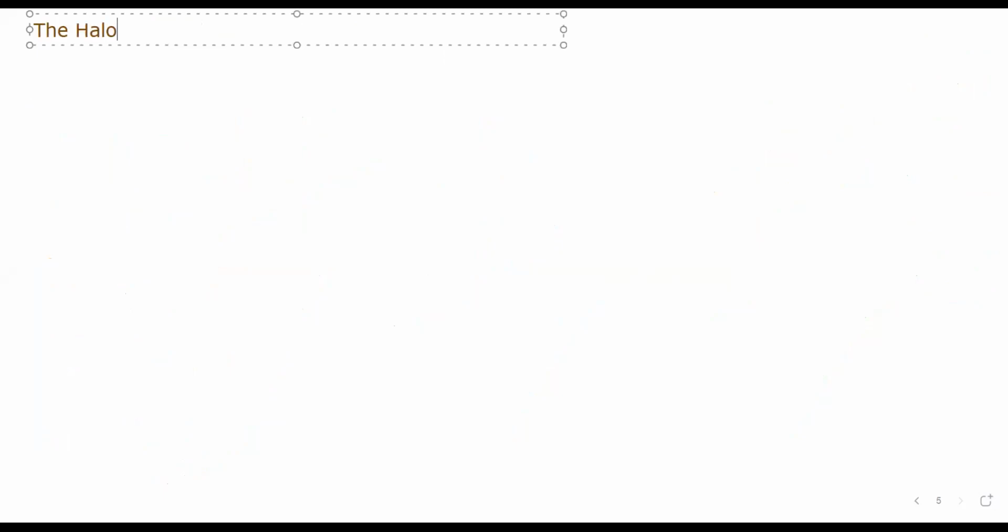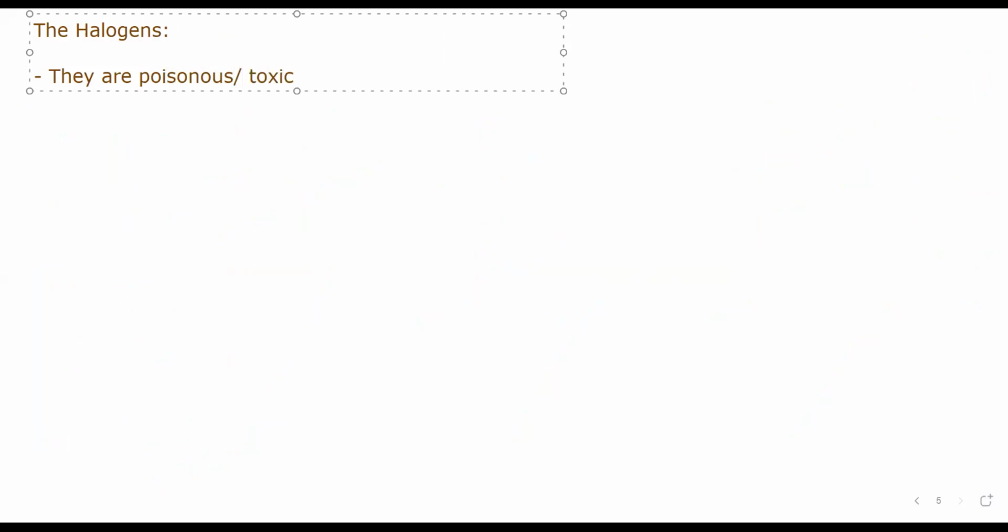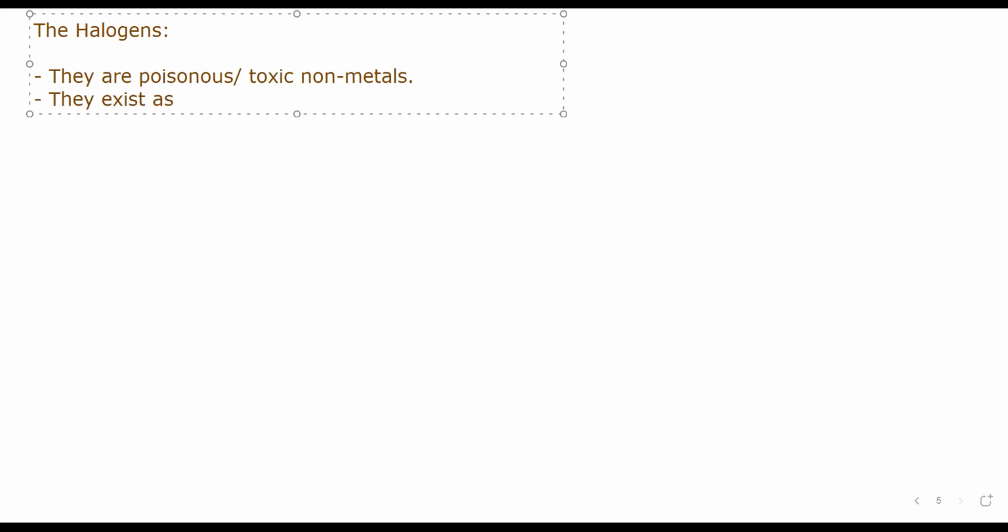We are talking about the halogens, right? What I am saying is that they are poisonous non-metals, or we use the word toxic. These are toxic non-metals. Also keeping in mind that they exist as diatomic molecules.